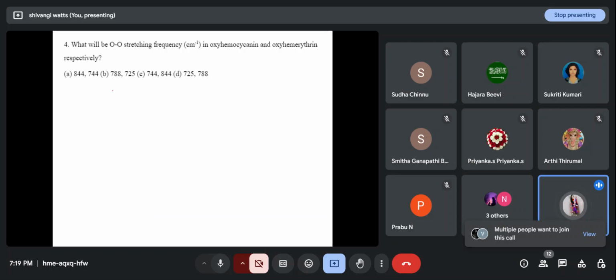What will be the O-O stretching frequency in oxyhemocyanin and oxyhemerythrin respectively?